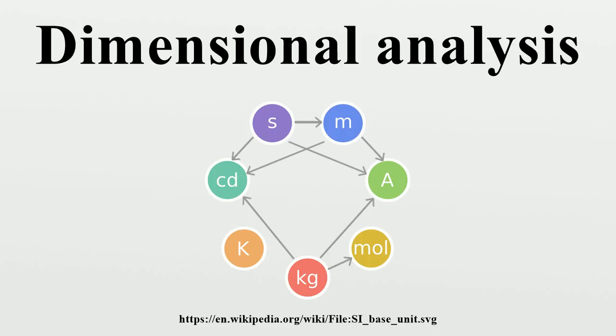Conversion factor. In dimensional analysis, a ratio which converts one unit of measure into another without changing the quantity is called a conversion factor. For example, kPa and bar are both units of pressure, and 100 kilopascals equals 1 bar.